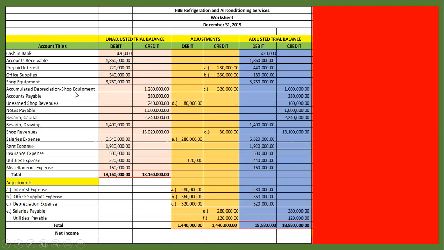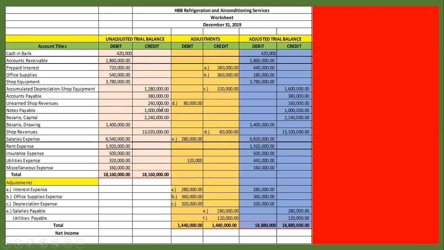Then for the accumulated depreciation, shop equipment, we have a credit in the unadjusted trial balance and the same credit in the adjustments column. In this case, if they have the same posting, the same credit, then we add the amounts. So 1,280 plus 320, we have 1,600 on the credit side. Then for the accounts payable, we have no change, so just copy.